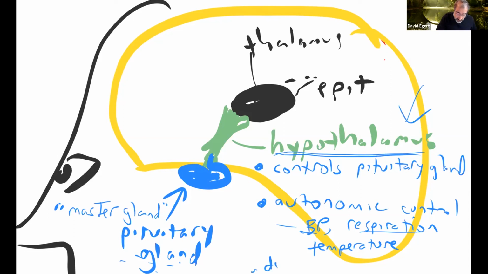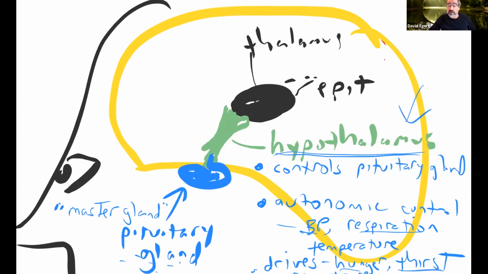This is where you have a lot of drives. This is where you have hunger, thirst, sex drive. When we get to the kidneys, we're going to talk about osmolarity and fluid balance.